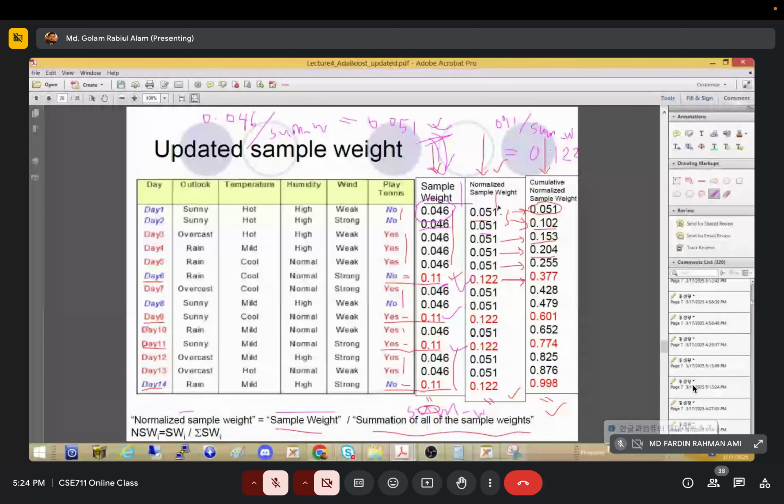The first one is as it is, 0.051. But the next one will be the summation of the first two. The next one will be the summation of the first three.